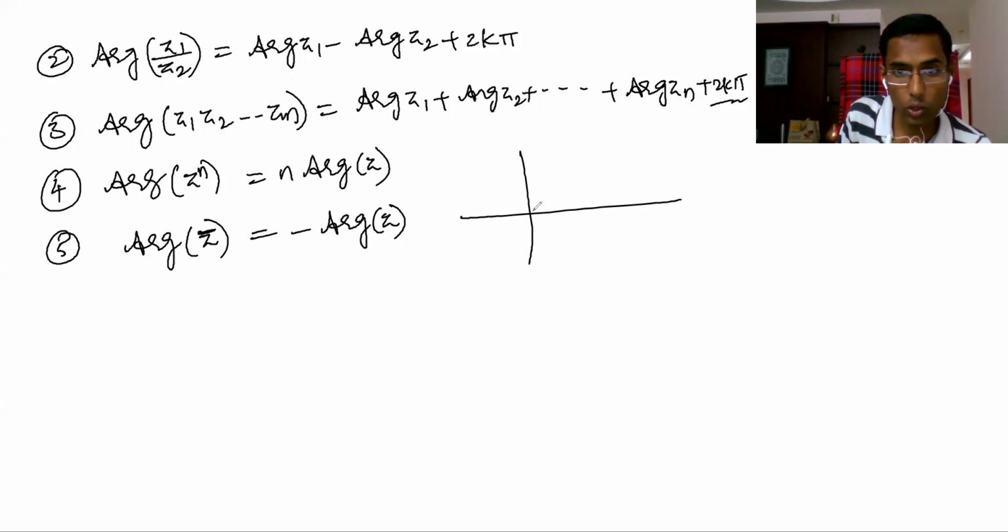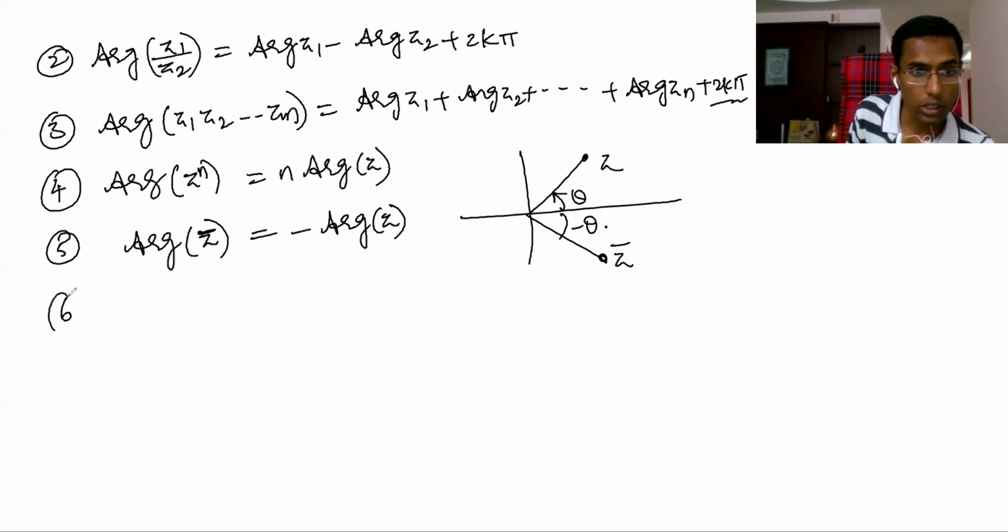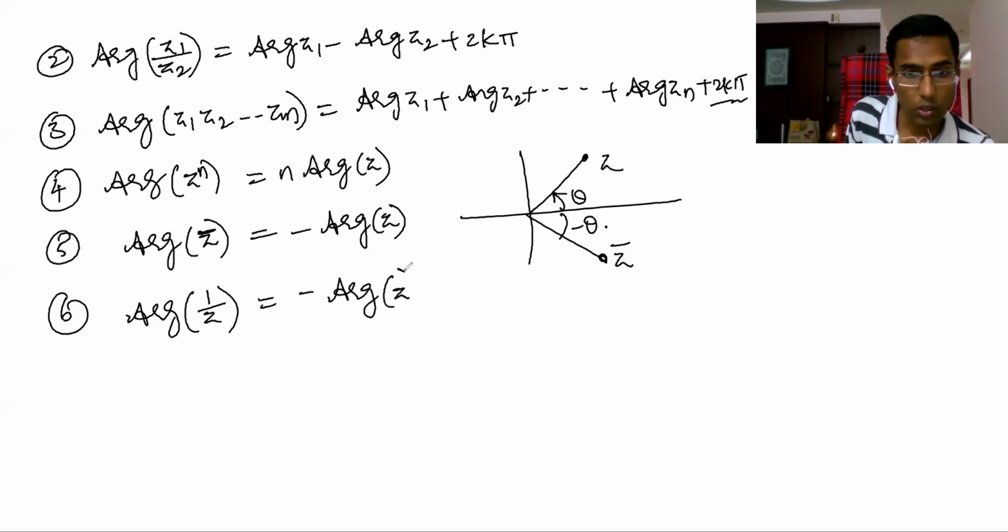I already told you, if this is z and theta, then z bar will be minus theta. Six, argument of 1 by z is 0 minus argument of z. Like this, many properties you can write, but actually this is enough.